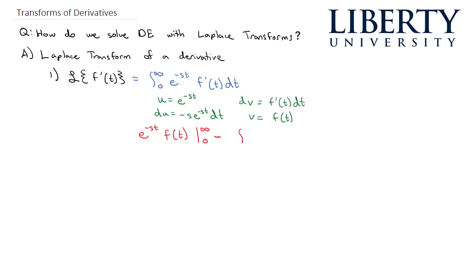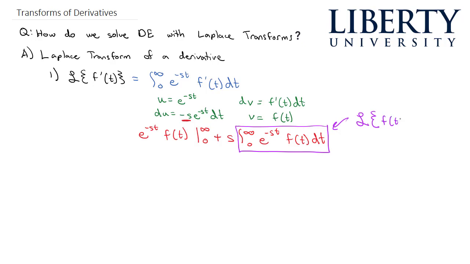Well, I can pull out the negative s as a constant, making it plus s times the integral from 0 to infinity of e to the negative st times f of t dt, which is really nice because that integral is the Laplace transform of the regular function f of t, no longer talking about the derivative.